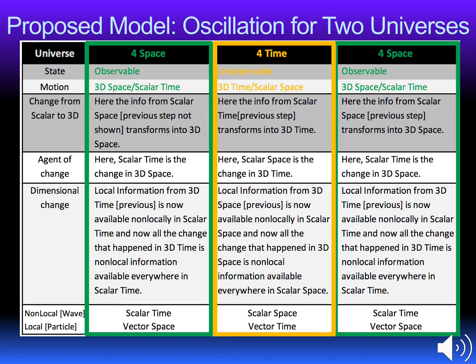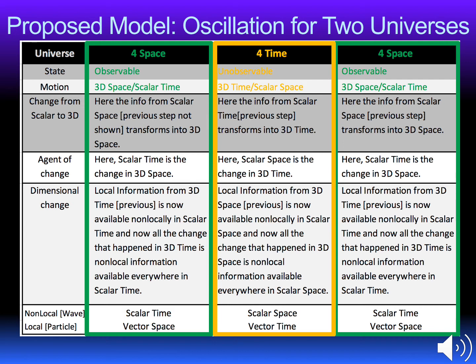And the dimensional change: local information from 3D space in the previous state is now available non-locally in scalar space, and now all the change that happened in 3D space is non-local information available everywhere in scalar space.